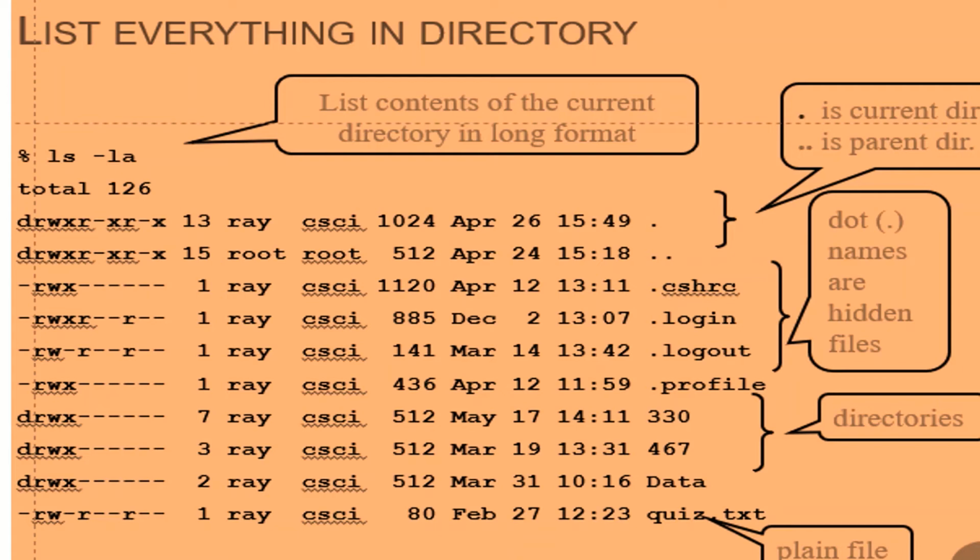In the first column, d refers to the directories available in the existing directory. And finally you consider which plain files are available, displayed last.